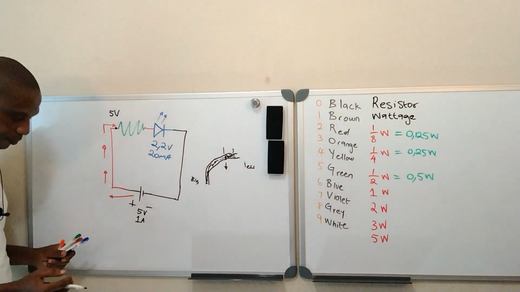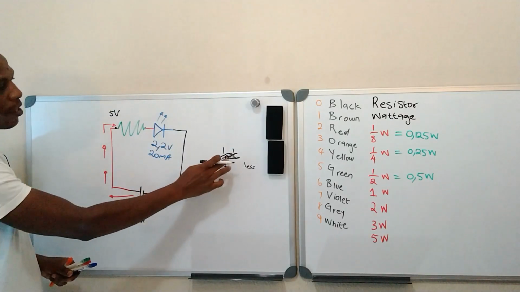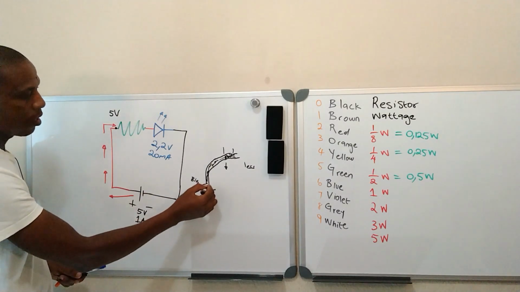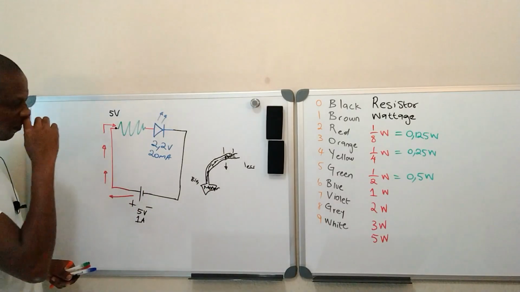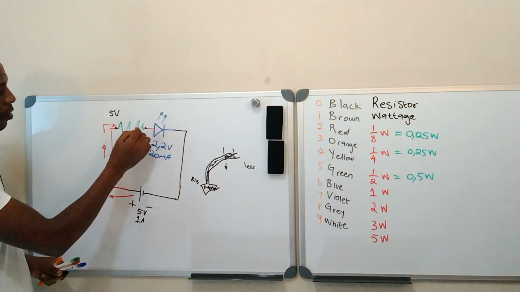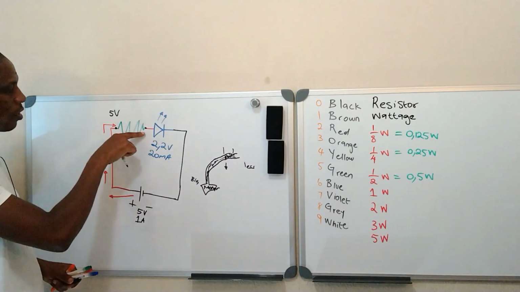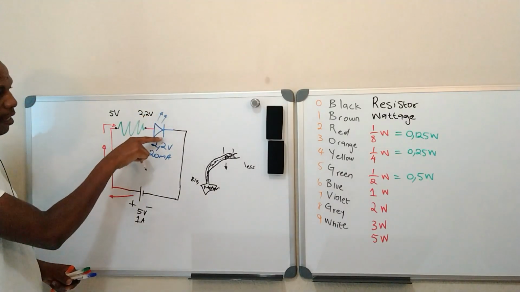Yes, sir. Here we need to do the same thing. We need to apply pressure here, or opposing pressure to the one that was generated by the motor. So the amount of water that needs to come out, or the amount of force that needs to come out of the resistor, must be 2.2 volt, that the LED can take.